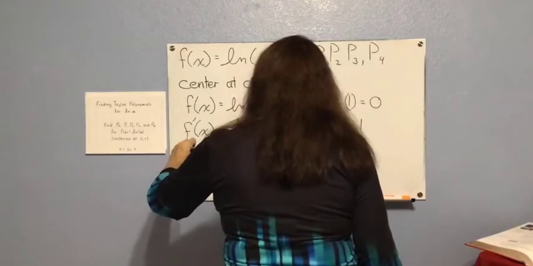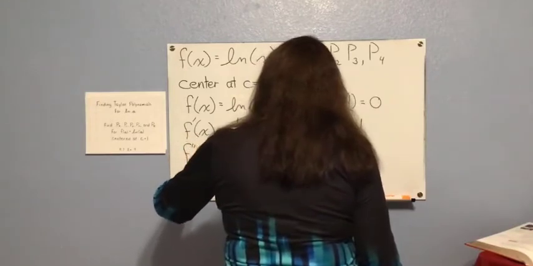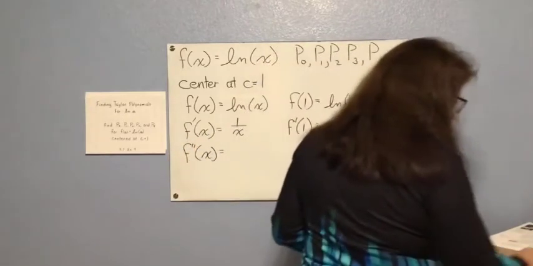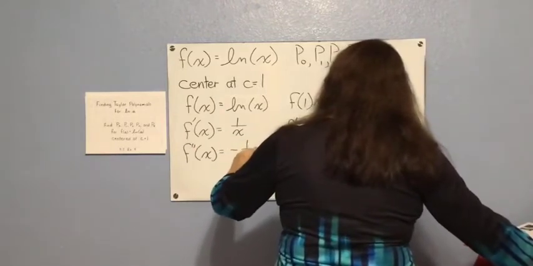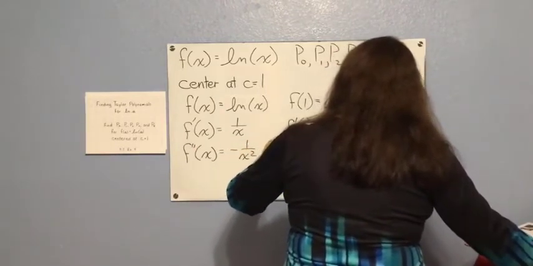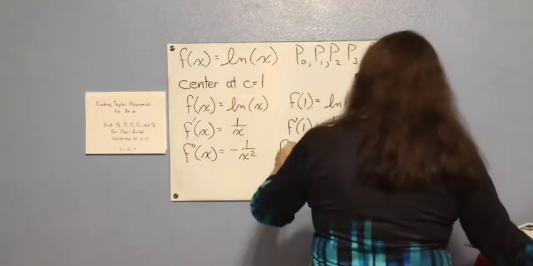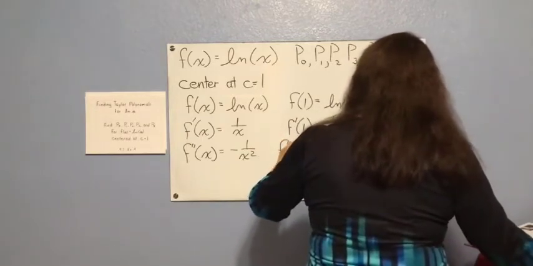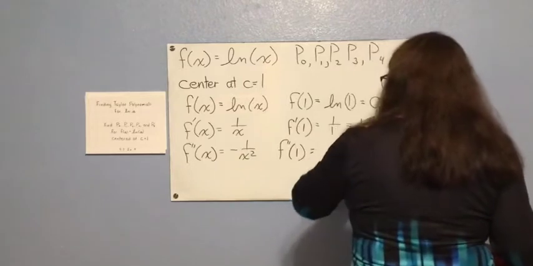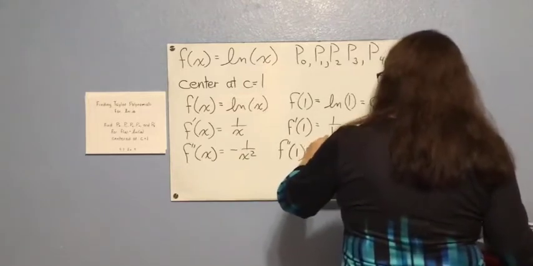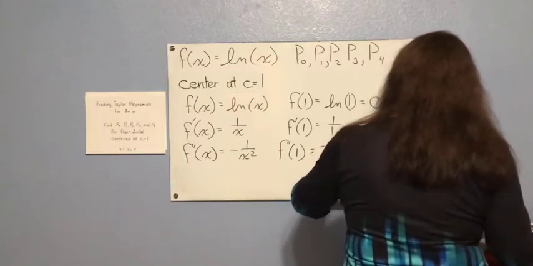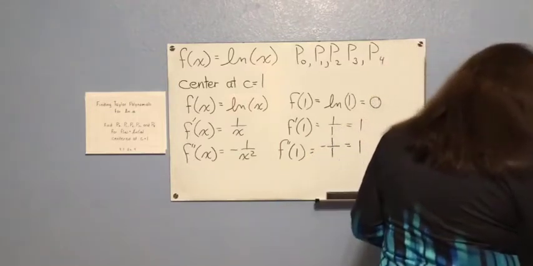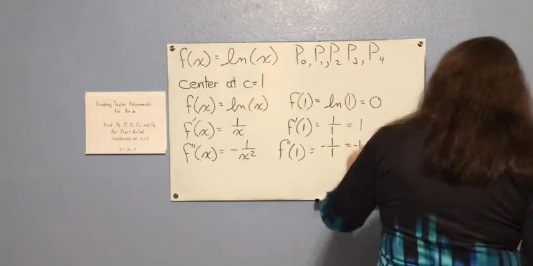The second derivative would be negative 1 over x squared, so that value at 1 would be negative 1 over 1, or negative 1.